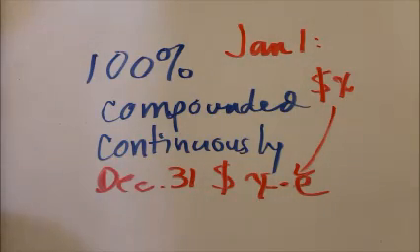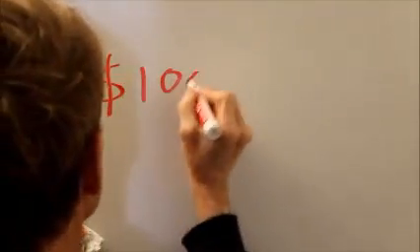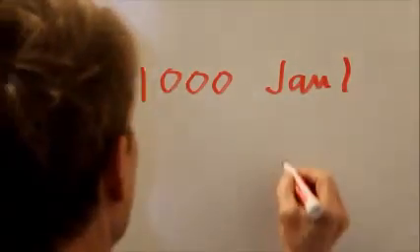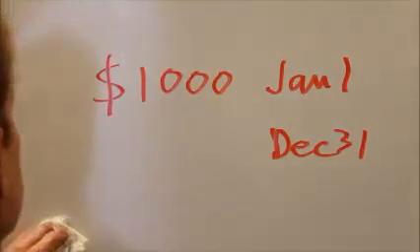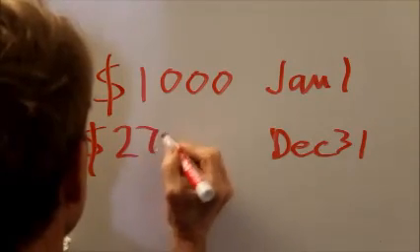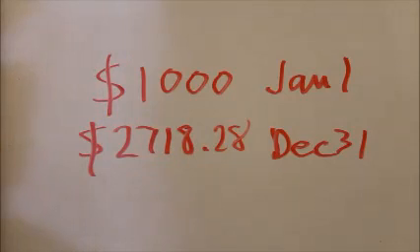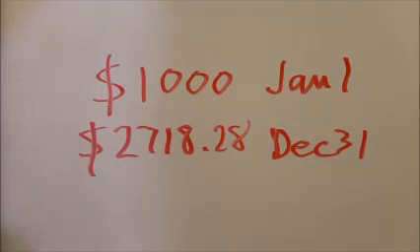In other words, if you start out with something like, say, $1,000 on January 1st, then on December 31st, you're going to get 1,000 times e, which would be roughly $2,718.28.